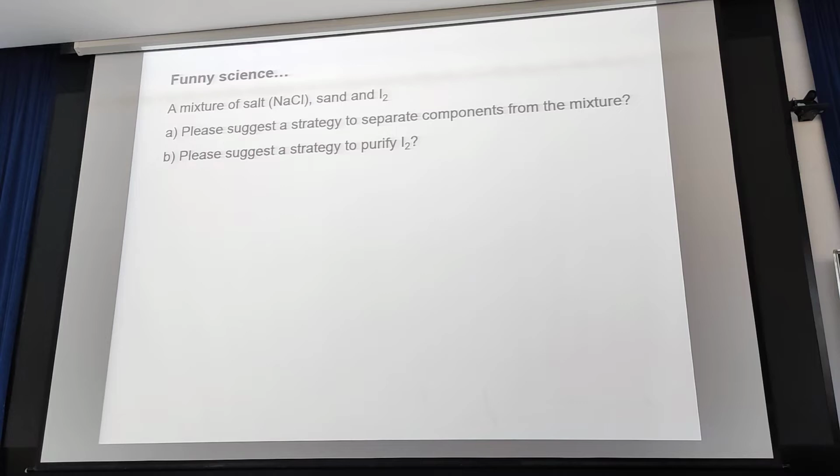Okay, so in my opinion, first of all, I will burn this mixture in fire so I can receive the iodine, and then the mixture has sodium chloride and the sand, so I will put it into water and mix it so I can get the sodium chloride as the liquid.